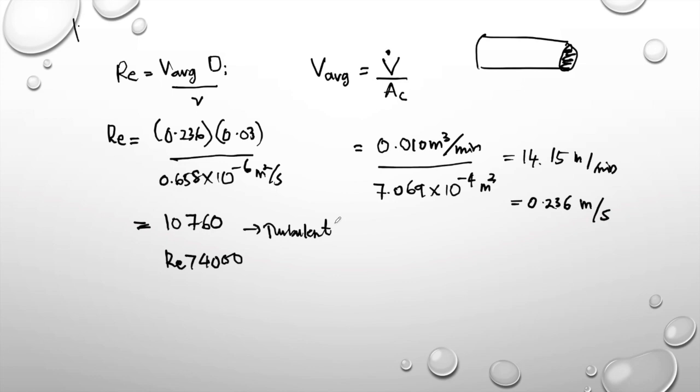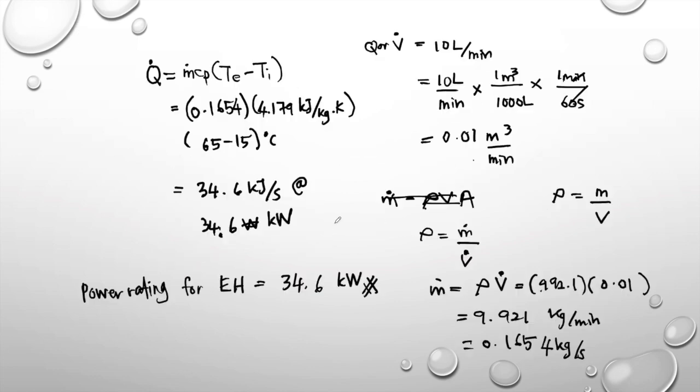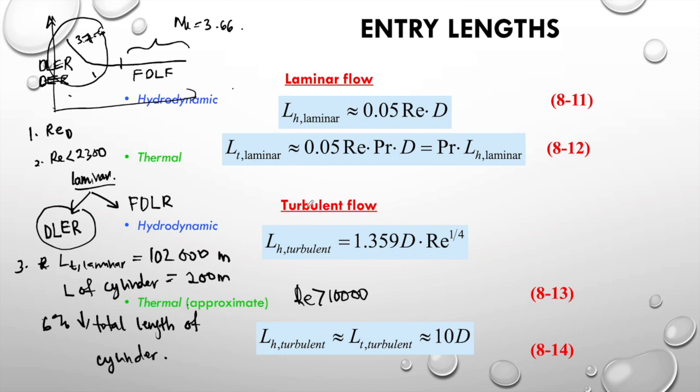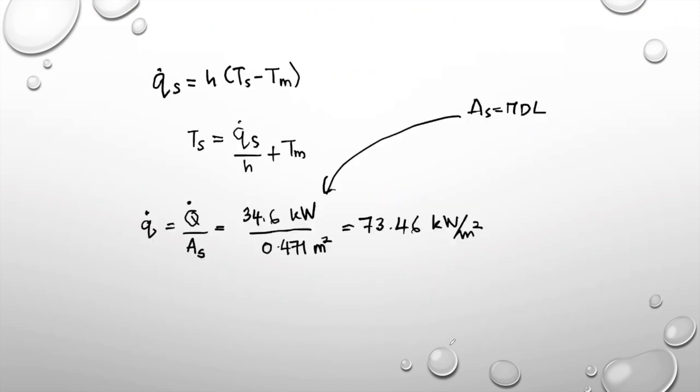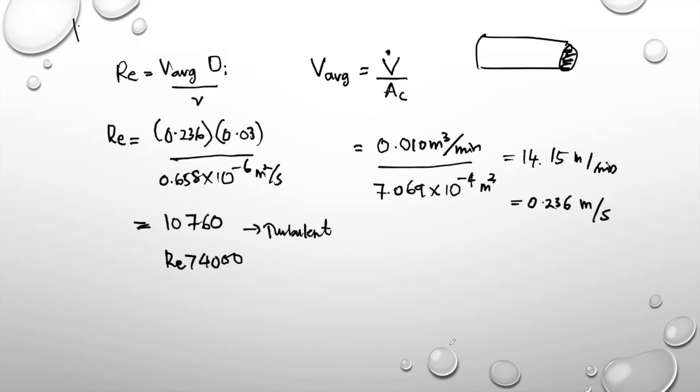So how do we do that? We substitute into this equation. Now we have turbulent flow, and we want to find the thermal entry length using the equation of 10 diameters. So LT is approximately 10 times 0.03, which is 0.3 meter.